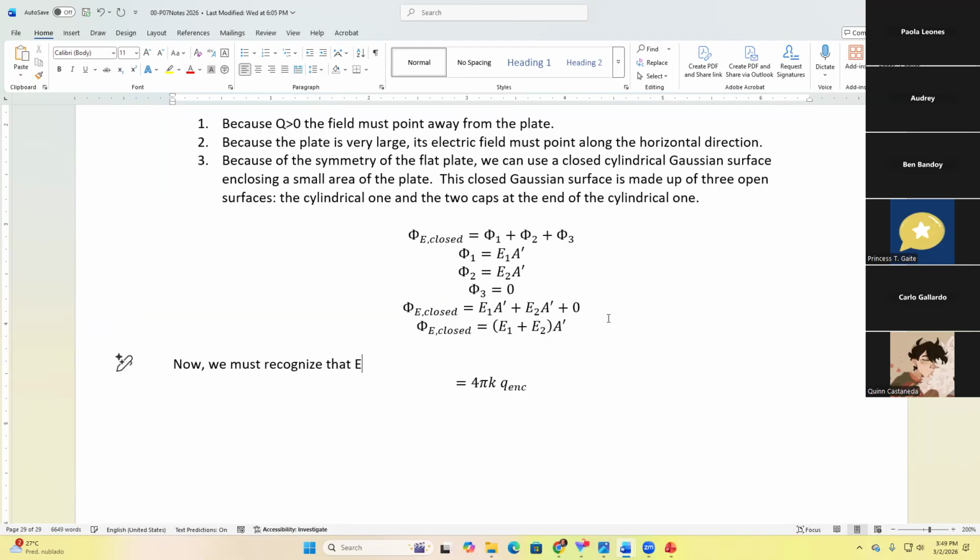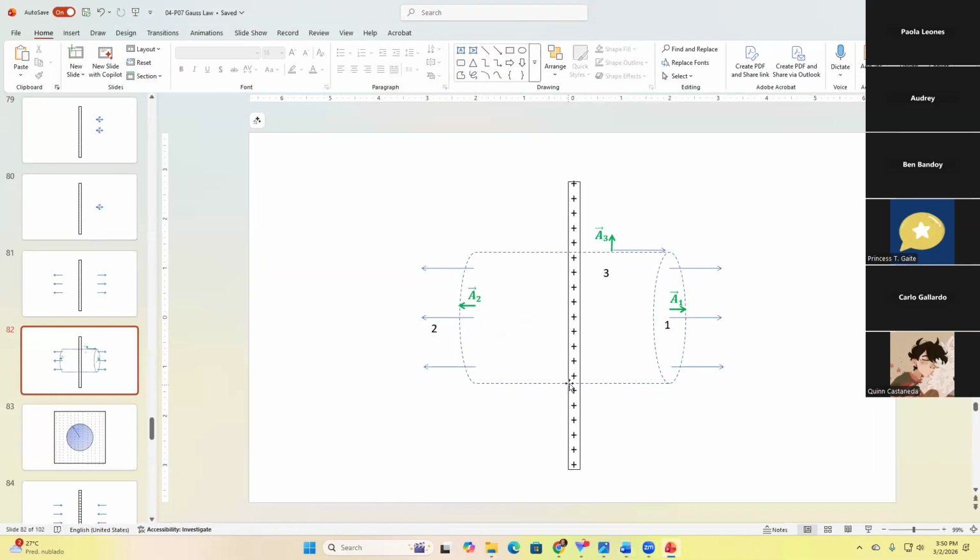that E1 and E2 must be equal because of what? Because I chose my cylinder in such a way that this distance here is equal to this distance here. Okay?